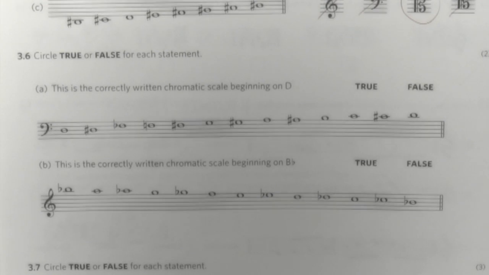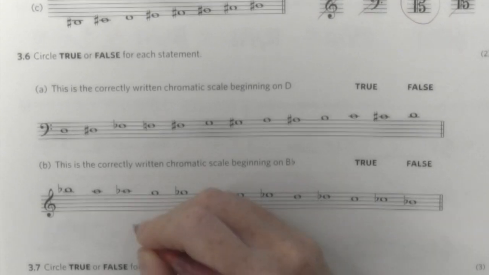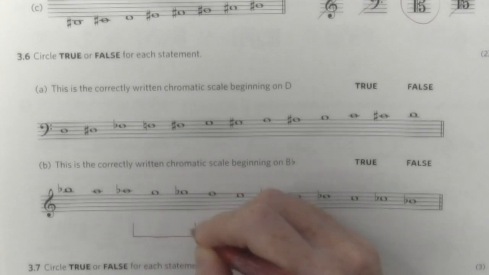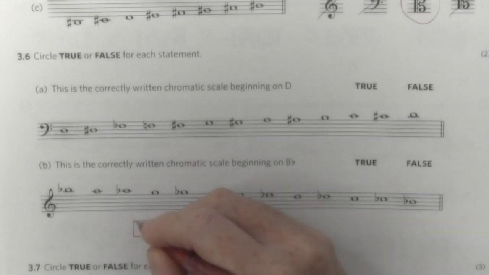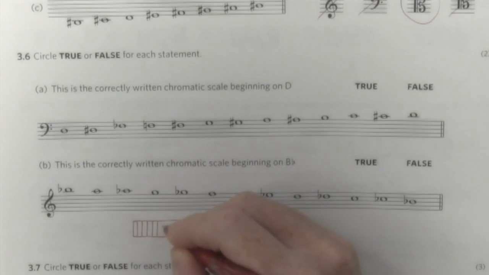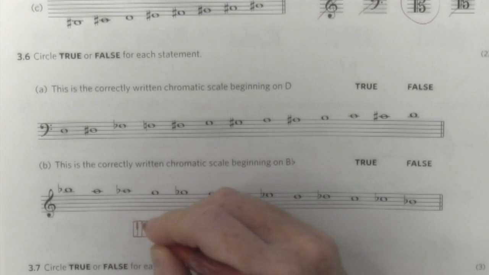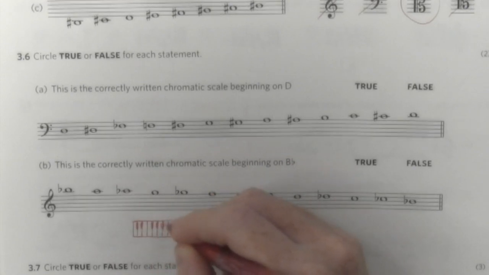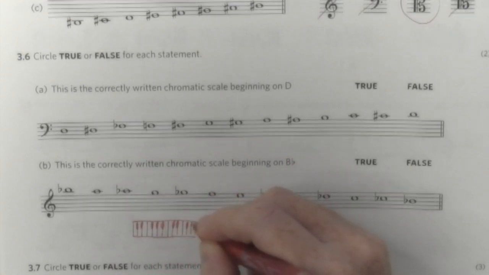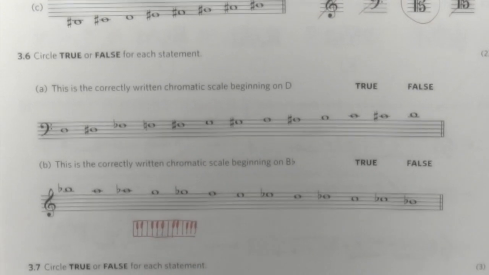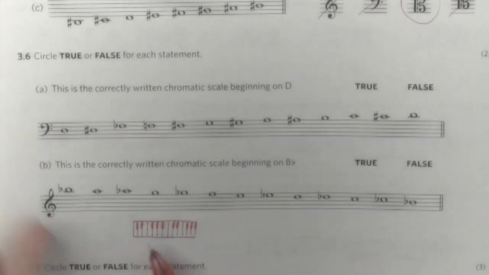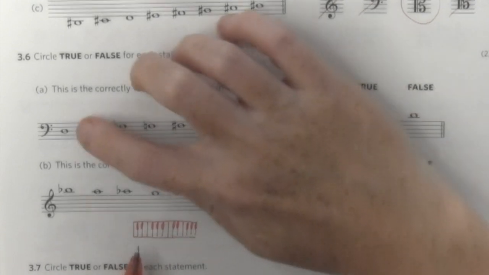We need to circle true or false to show whether the 2 chromatic scales are correctly or incorrectly written. So let's try. I'll do it this way.